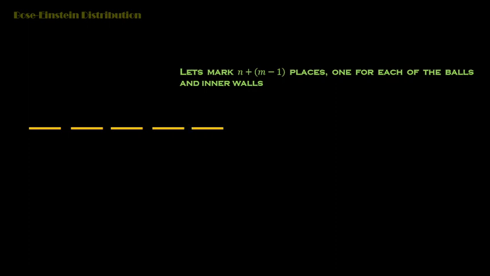So we mark a total of n plus m minus 1 places. n places represent n balls and m minus 1 places for m minus 1 walls. So we have a total of n plus m minus 1 places.